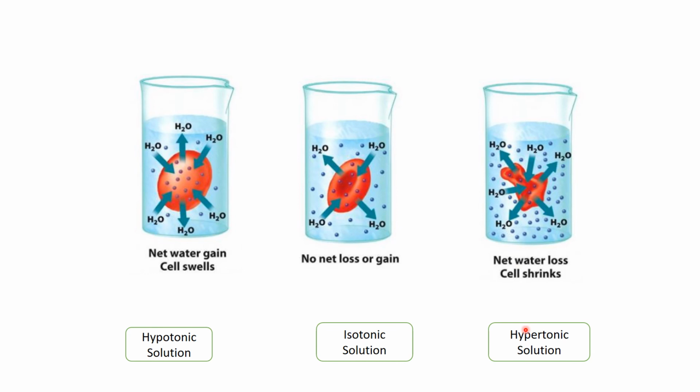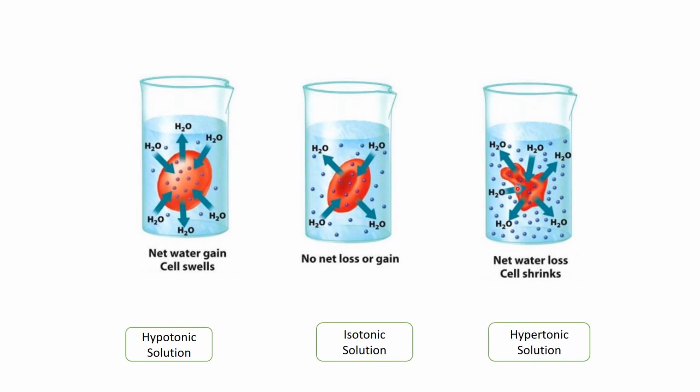And the hypertonic solution is the solution in which inside the cell the water has its high concentration, meaning it is dilute inside, and outside the solution is concentrated. So the amount of water which is coming out from the cell is more than the water moving in.